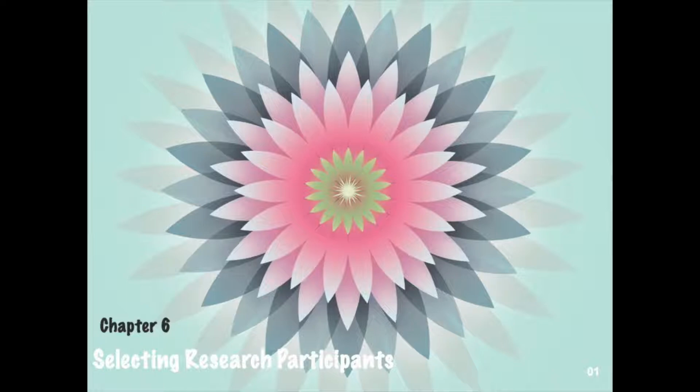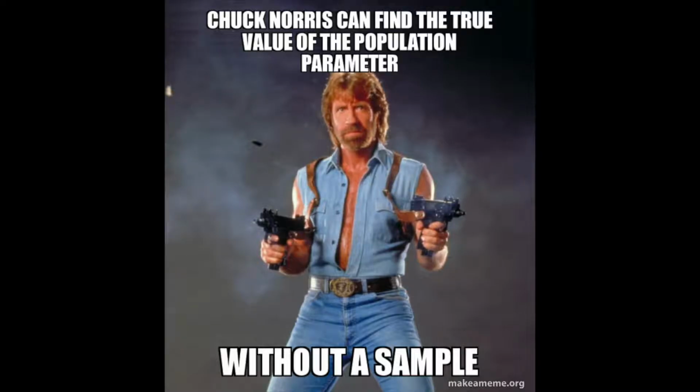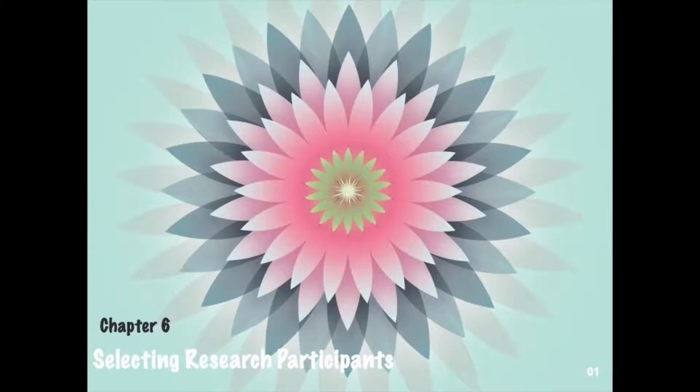So the point is, getting a list of all the names in a population that is up to date, that is accurate, that doesn't violate people's rights is pretty difficult. And so because of that, we can't just do true random sampling all the time. We have to have these other sampling methods. Chapter 6 is talking about all of these different sampling methods.